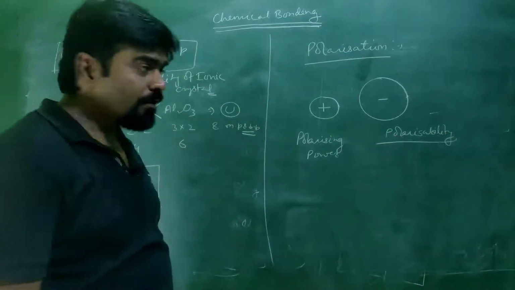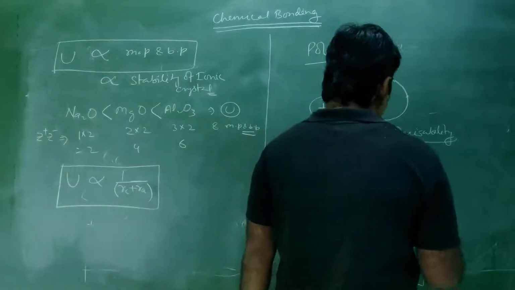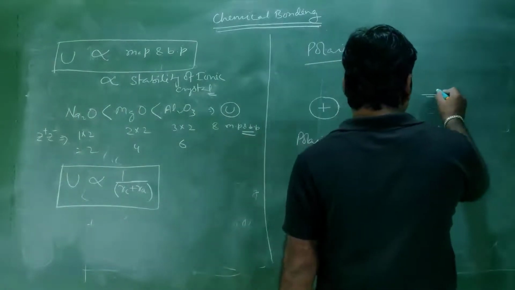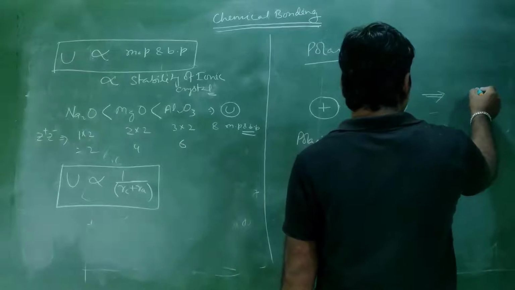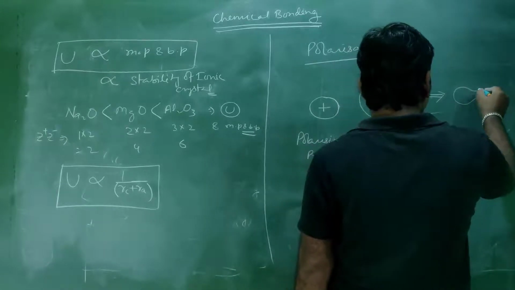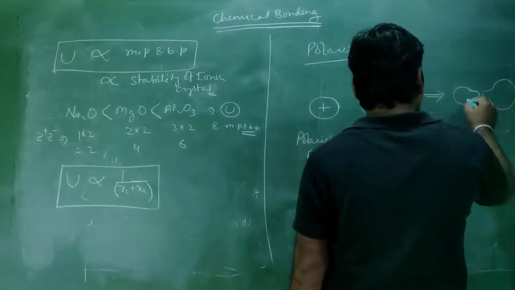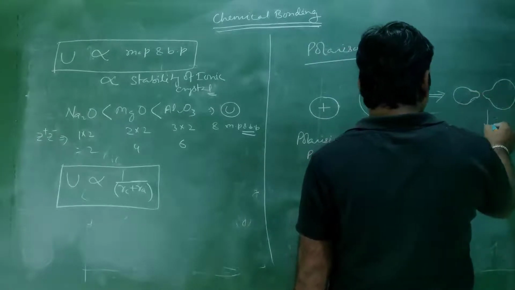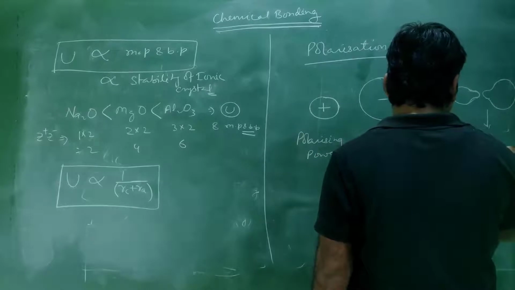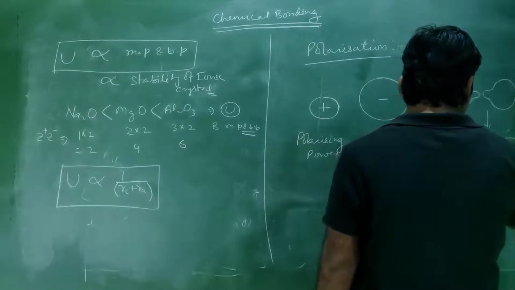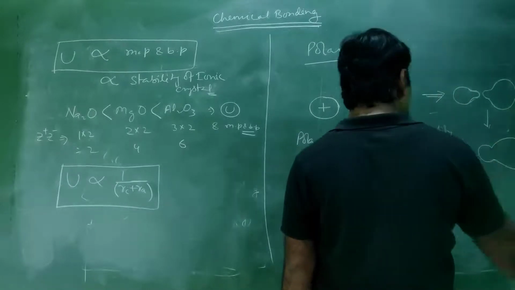When the cation comes closer to the anion, it will attract the outermost electron cloud of the anion, due to which their structure gets distorted, and finally the cation and anion lie in the same region.